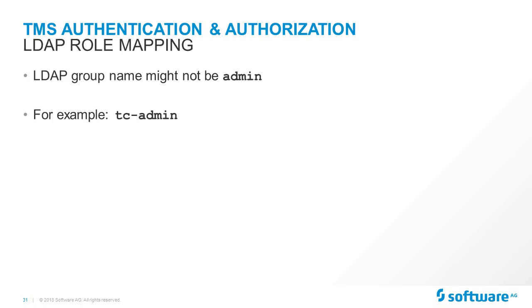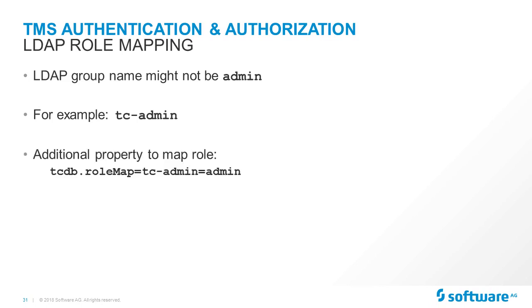Well, we need them to have the admin role. So we need to have some mapping that says the TC admin group should be treated as the admin role. So there's this additional property, tcdb.rolemap, that allows you to configure a mapping between an LDAP group name and that admin role.